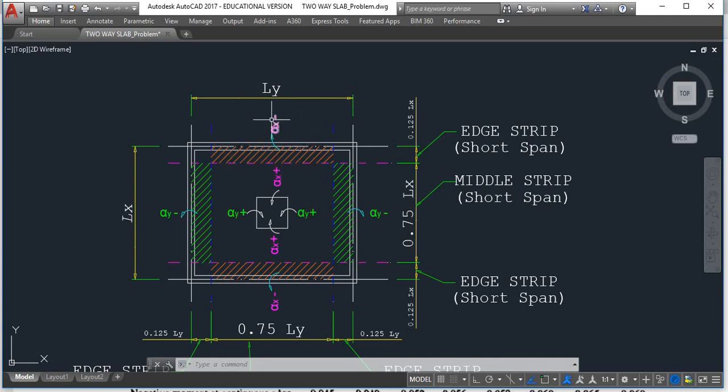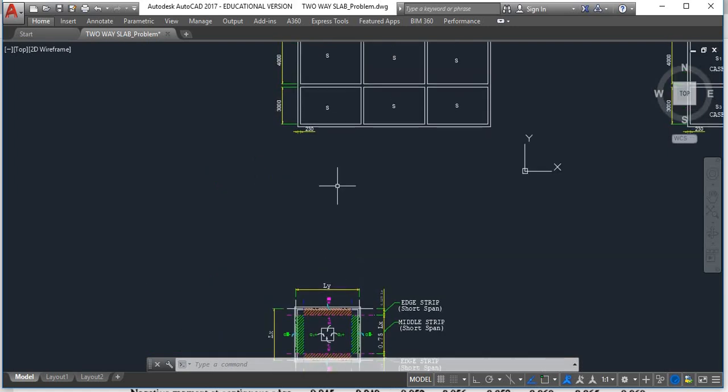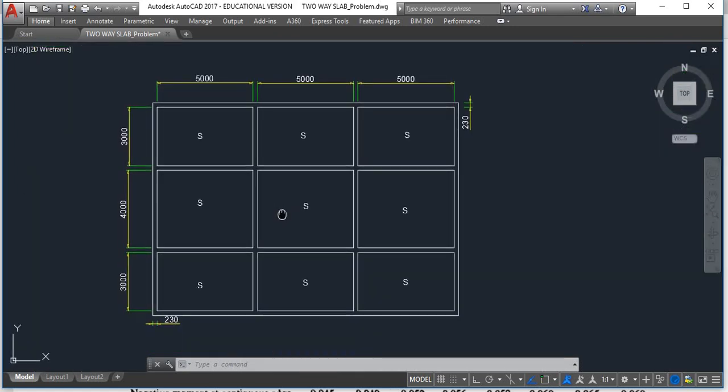This is the basis for your alpha x coefficients for positive as well as negative, and alpha y coefficients for positive as well as negative. If we understand this, then we can solve any problem and design any slab. For example, let's take this particular slab system wherein we have 9 slabs in total.